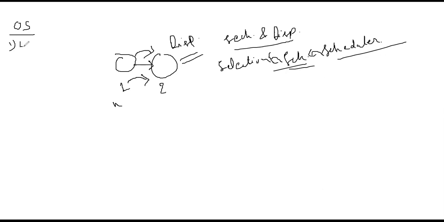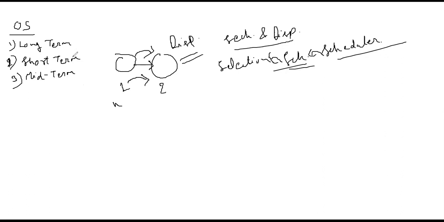The first one is long term, the second one is short term, and the third one is mid term. Now, it's not necessary that these are in the same order. You can write any one first, irrespective of those names.